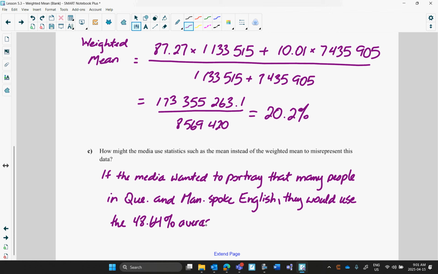Remember, average and mean are interchangeable words. Okay.